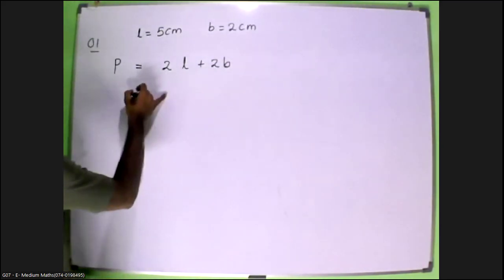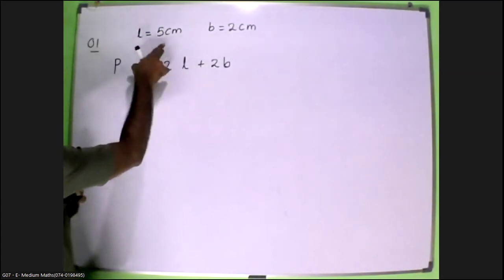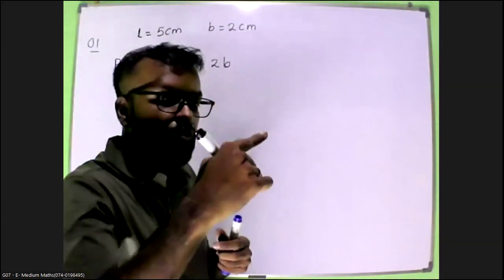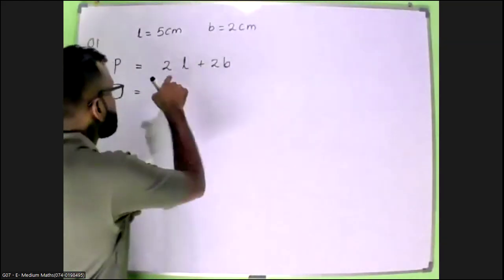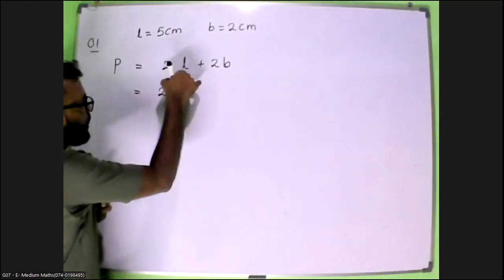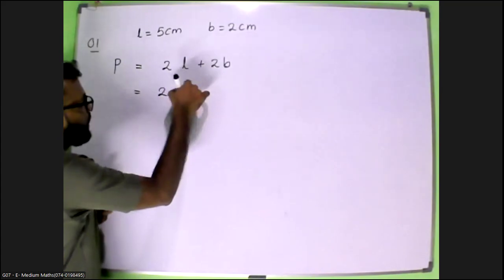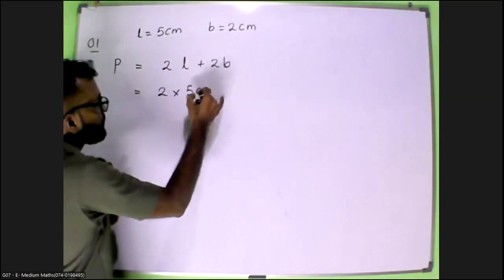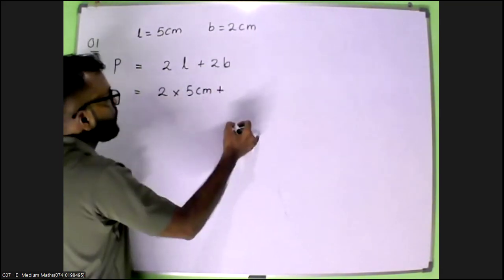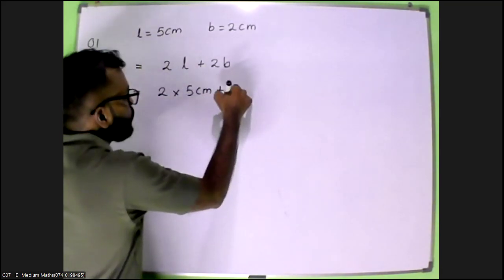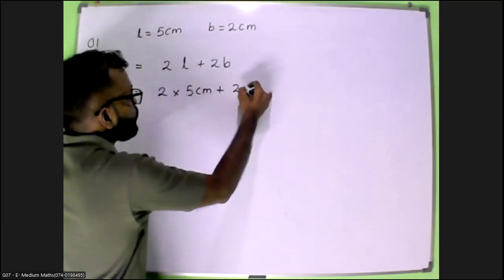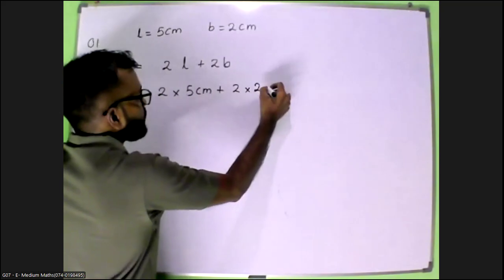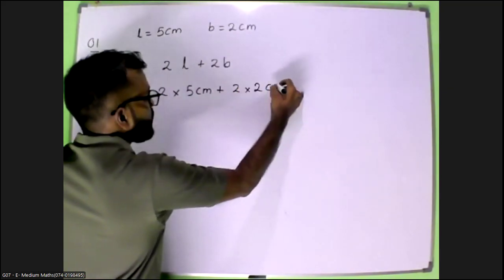So now instead of L, I am going to replace my L with 5 centimeters. 2 times L, L means 5 centimeters, plus 2 times B. 2 multiplied by B. Instead of B, I am putting 2 centimeters.